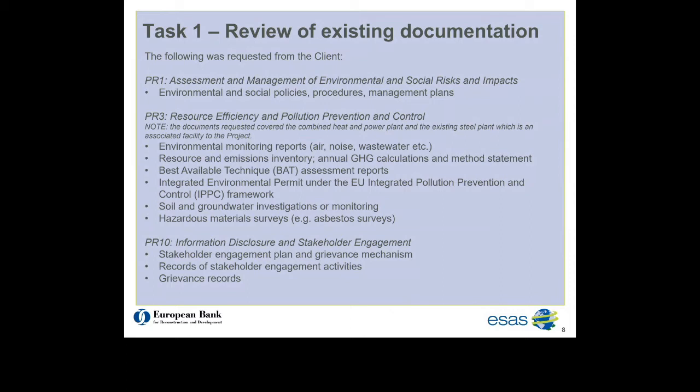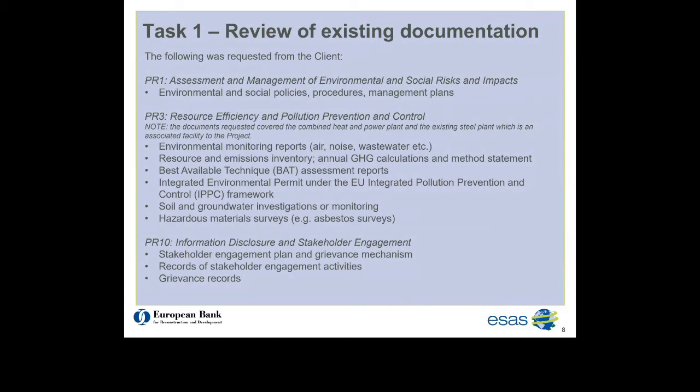We asked for the resource and emissions inventory, the annual greenhouse gas calculations, and importantly, the method statement they were using to calculate the greenhouse gases to ensure it complied with what EBRD required. We assessed how they were applying best available techniques and the assessments to prove that. Asked for details on their integrated environmental permit, which fits under the EU's integrated pollution prevention and control framework, and to assess how the project fitted within the greater power steel plant system.